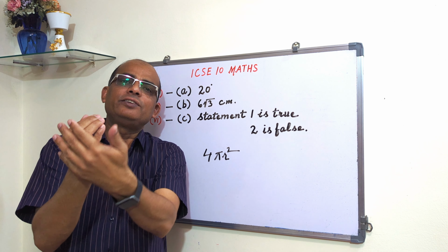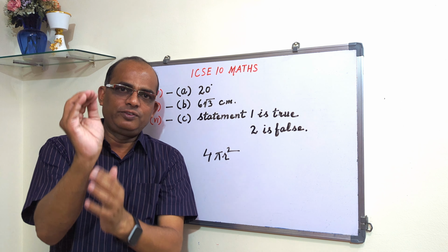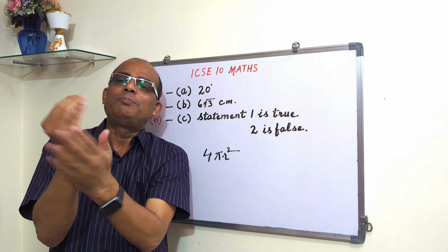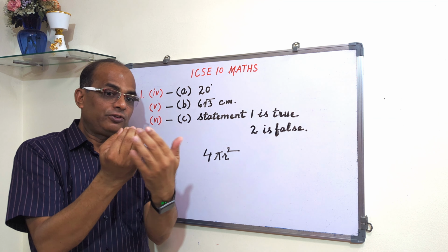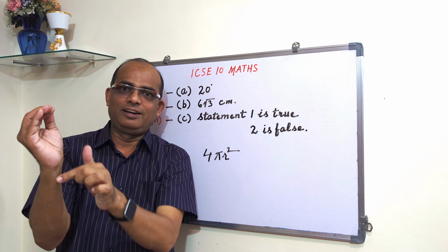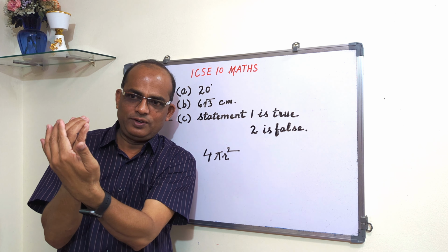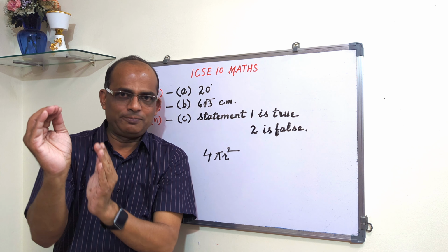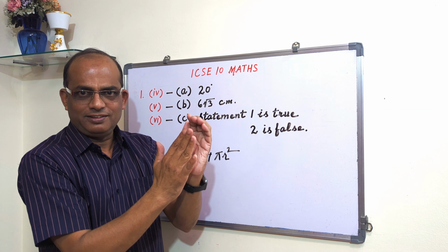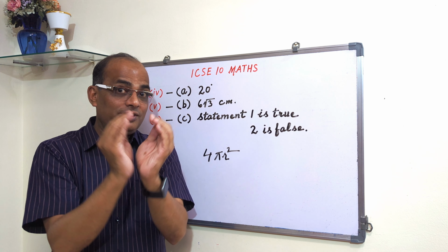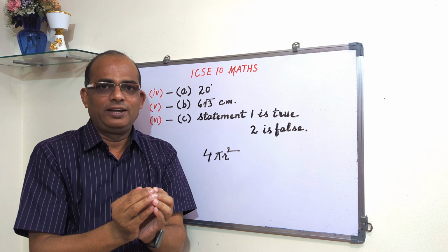So if you want to find the surface area of this hemisphere, it is the curved surface plus this circle. The curved part is half of 4 pi r square, which is 2 pi r square, and this is a circle, which is pi r square. So 2 pi r square plus pi r square is 3 pi r square. Similarly, for the other, 2 pi r square plus pi r square is 3 pi r square. 3 pi r square plus 3 pi r square is equal to 6 pi r square.